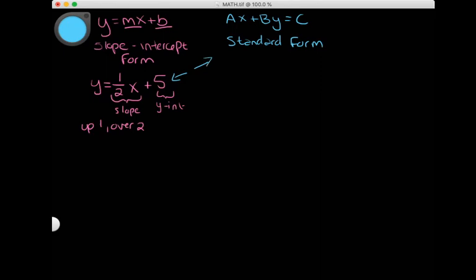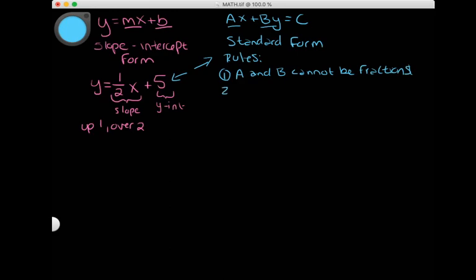Okay, so there are a couple rules that you have to know about standard form. The first rule is that a and b cannot be fractions. So the ax and the by terms cannot be fractions.